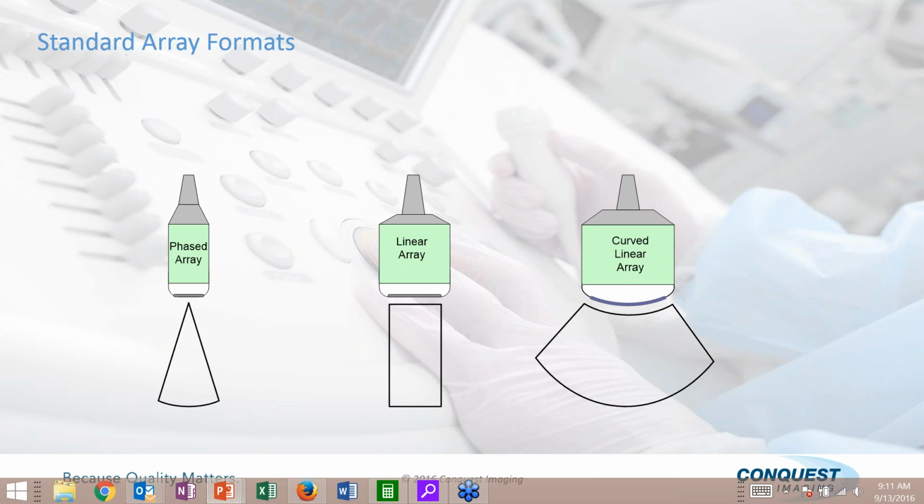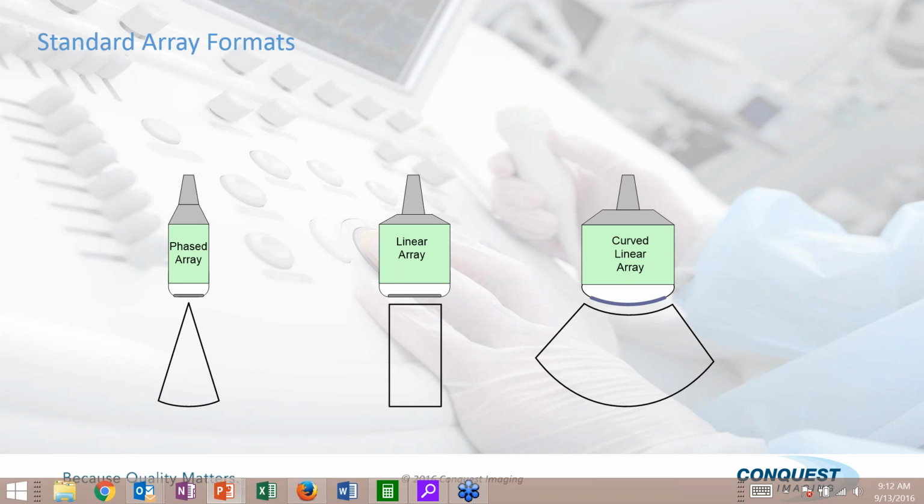With a phased array transducer, you can see that the image format is pie-shaped. In the near field, we have a very small area, a pinpoint, and it goes out into a wedge area or a wider far field. That is typically used for cardiac exams, where we want to get in between the ribs or underneath the ribs and view the heart.